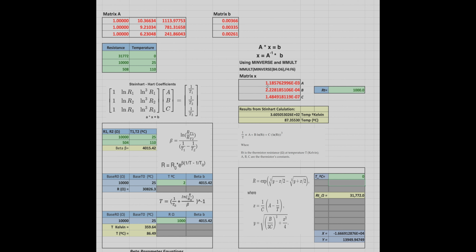So from here, we're going to just rearrange this. We're going to put this on this side, and we're going to say RT equals RS times the quantity Vs minus A0 over A0.